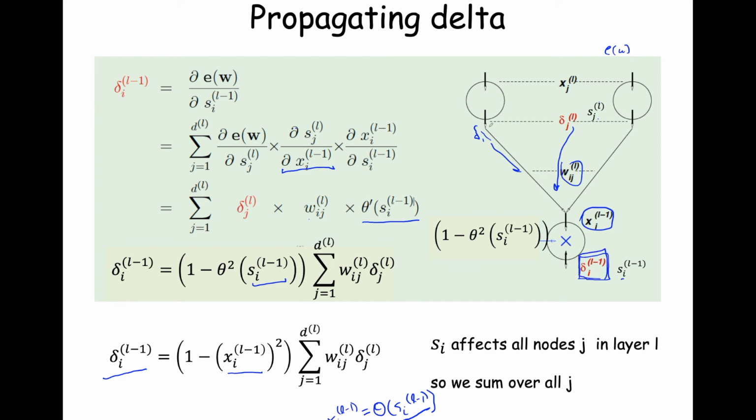Hence the name backpropagation. You're backpropagating, coming down or backwards in the network from each one of these nodes j into the layer below. And then you're going to backpropagate again as you go down layer by layer by layer.